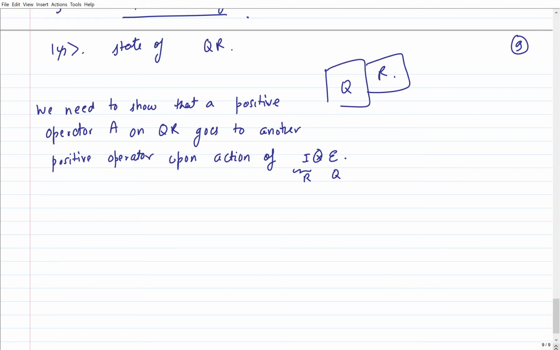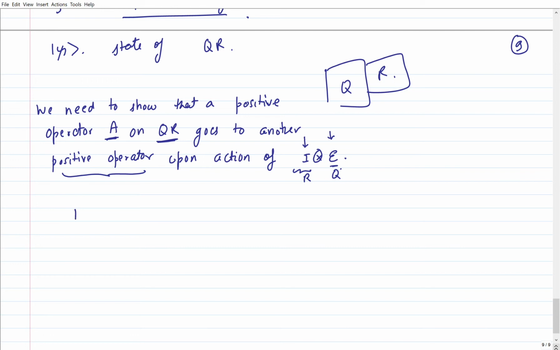It doesn't matter as long as I keep the order of my tensor product on operators the same as what I'm keeping on the states. So bottom line is that for any extension, a positive operator A on the system QR should yield another positive operator when I do nothing to the extended system and I operate the same quantum operation on system Q. So that's what I need to show.